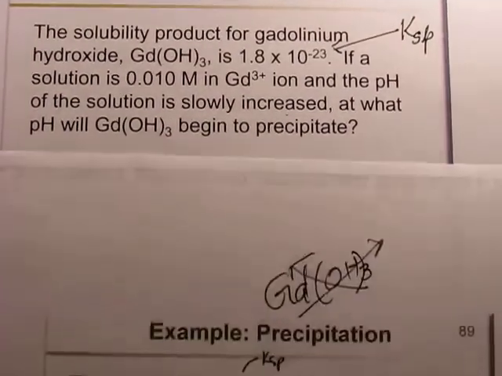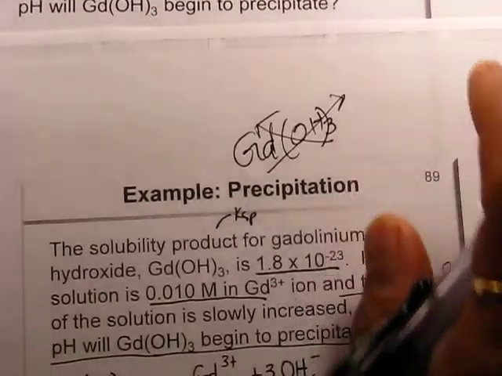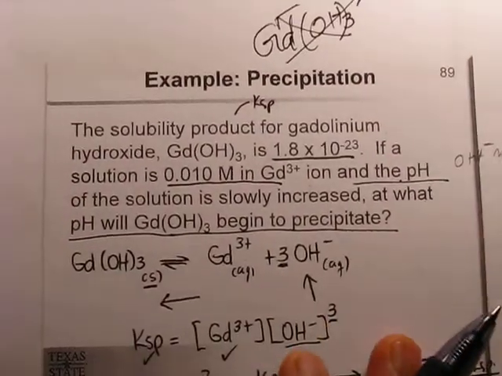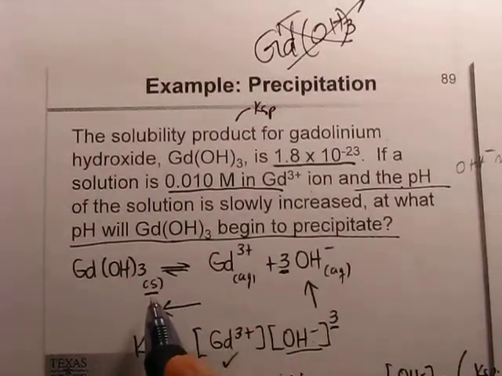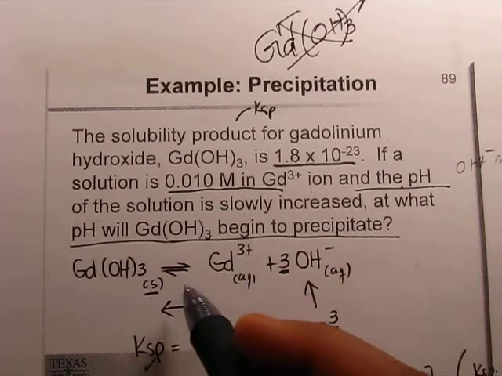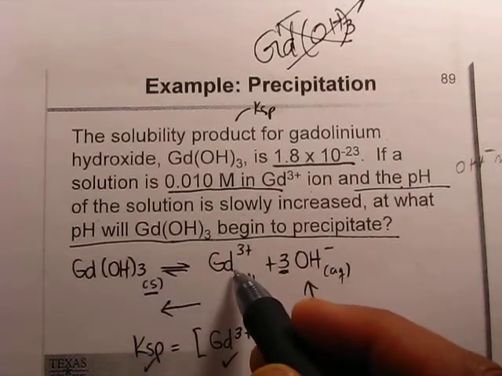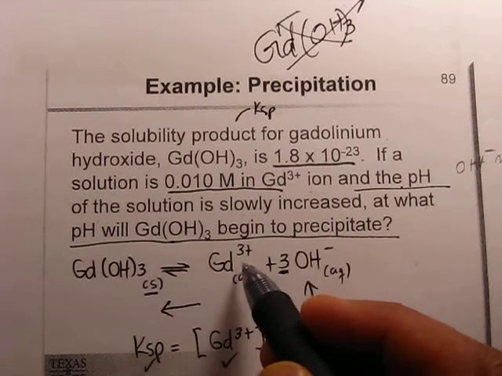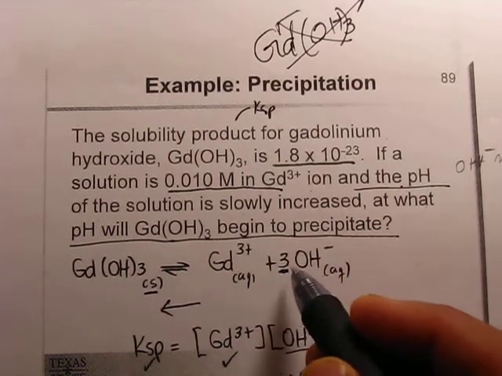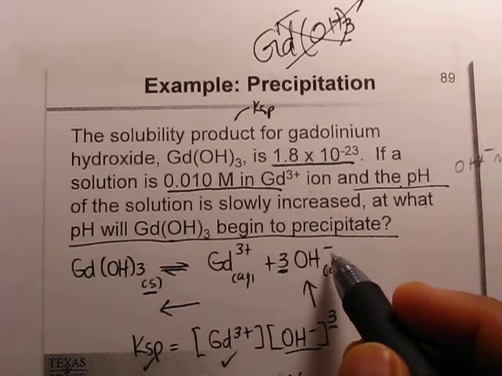So how can we solve this question? We will write the gadolinium hydroxide equilibrium first. So this is solid and it will dissociate into gadolinium 3 plus, and then 3 hydroxyl ions will come.